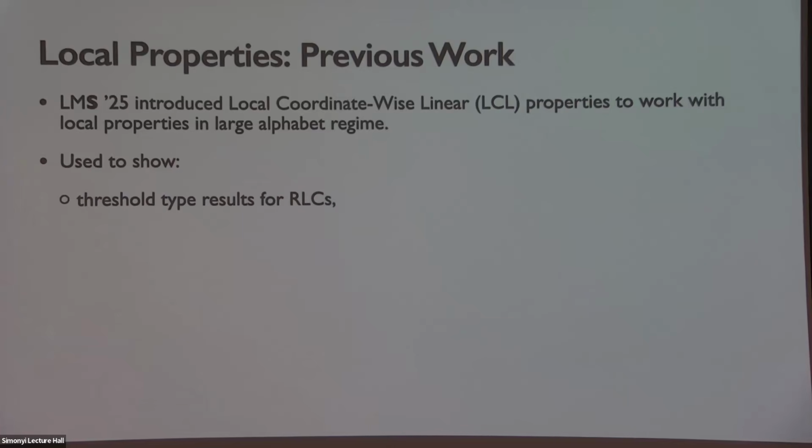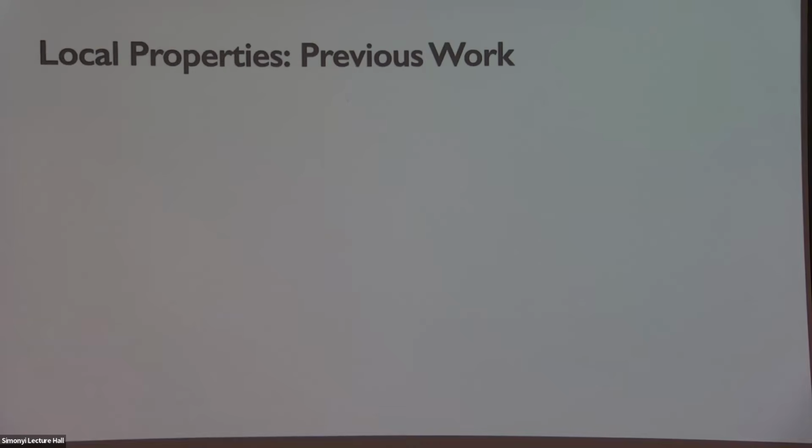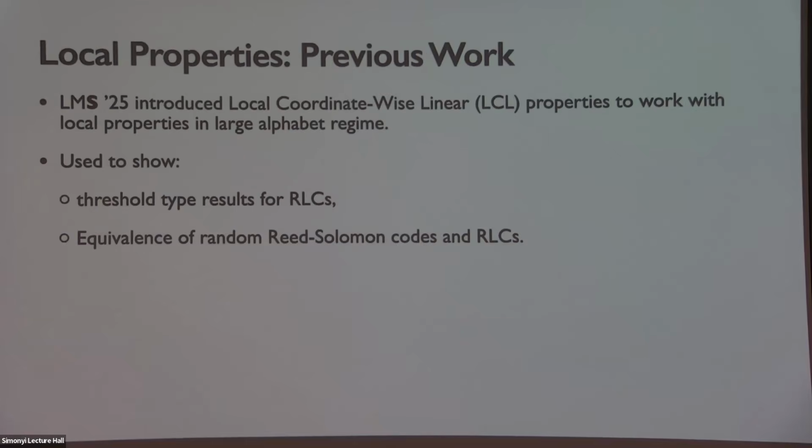We showed a threshold type result for LCLs as well. And we also showed equivalence of random Reed-Solomon codes and random linear codes. So these two random code families get the same parameters with respect to LCL properties. This is what we showed in the work before.